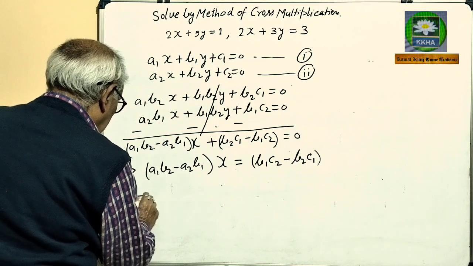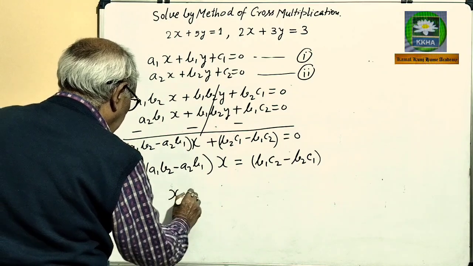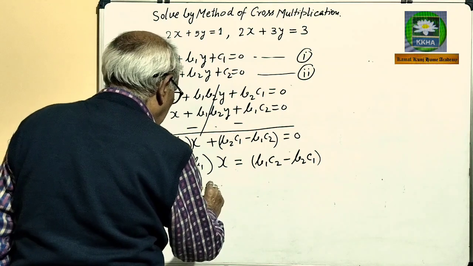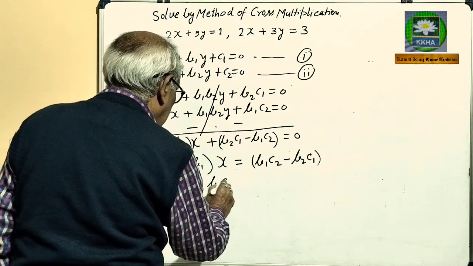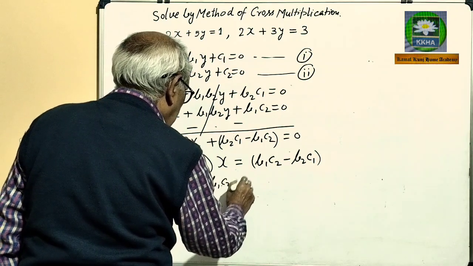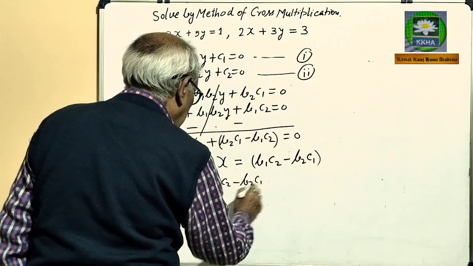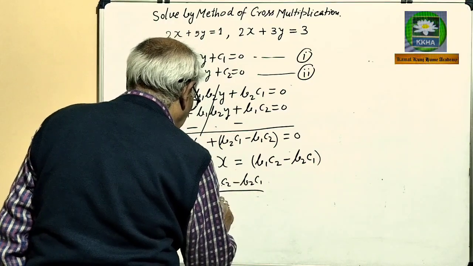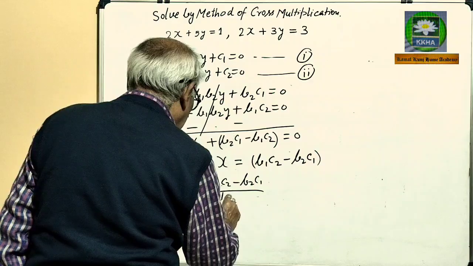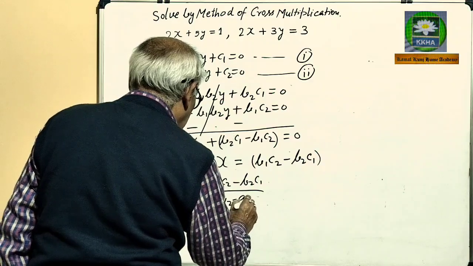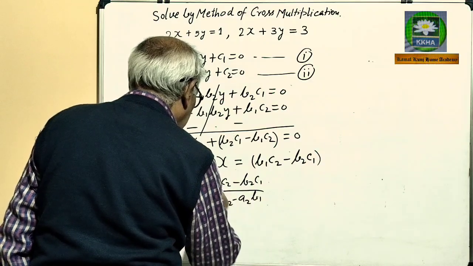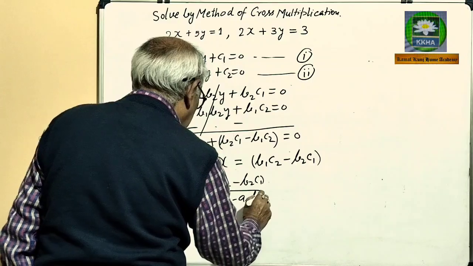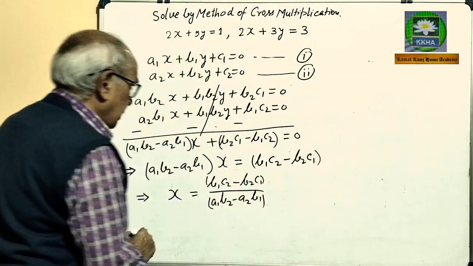And this implies that x equal to b1 c2 minus b2 c1 upon a1 b2 minus a2 b1. So this is the value of x.